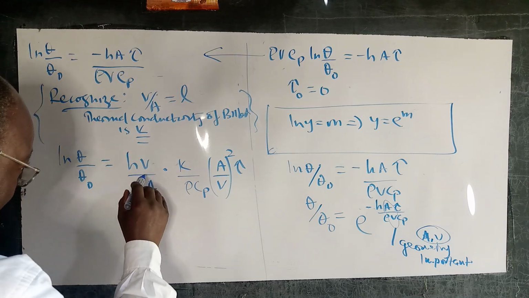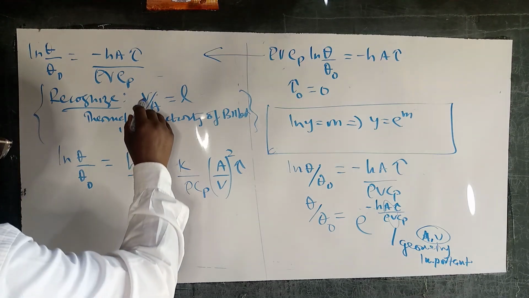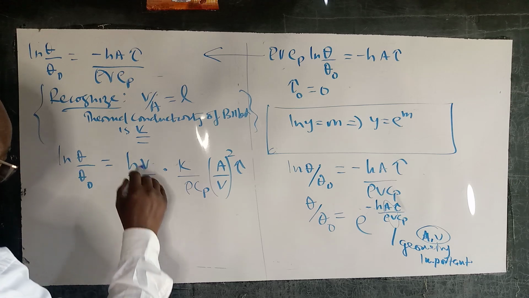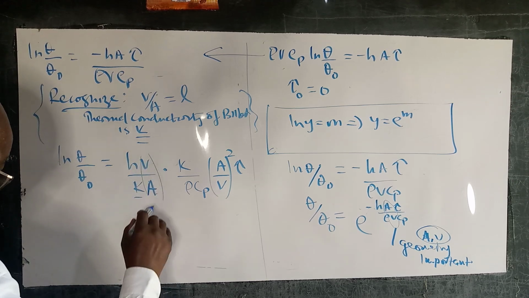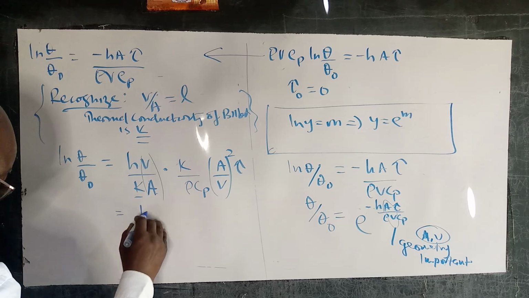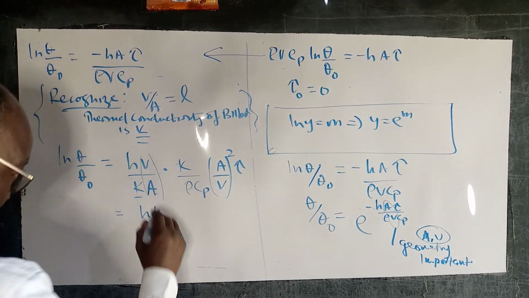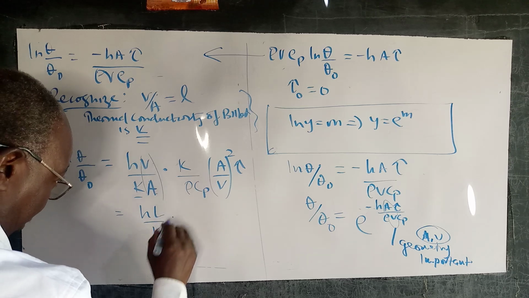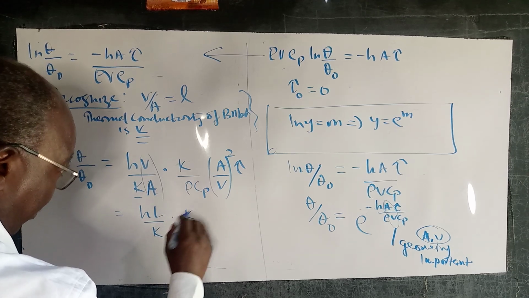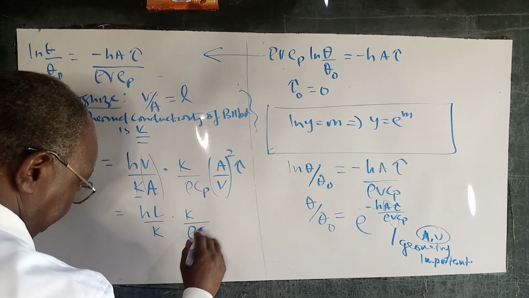Now, if we look at these quantities, we have already said V over A is L, so we can replace that with L. So that we have hL over K, and that's multiplied by K over rho Cp.